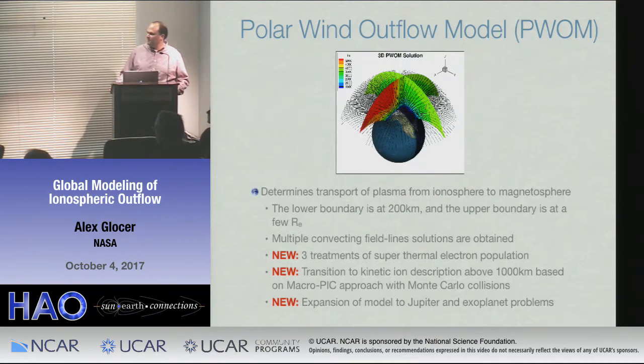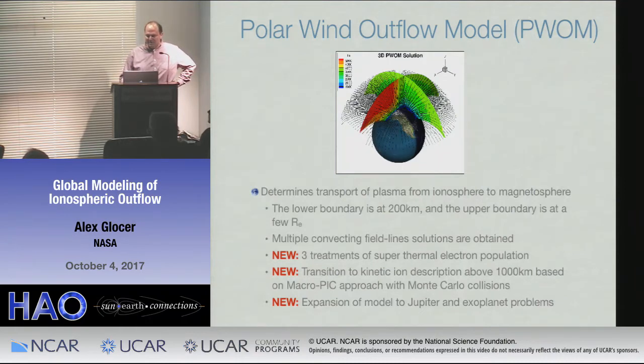It's basically a hybrid PIC type of solution with Monte Carlo collisions. And I've expanded the model to work for other planetary environments: Jupiter, exoplanets, and Saturn. I'm not going to talk about this last point. I'm going to spend most of the time talking about the first two features. In particular, I want to talk about the second one, because this was, I think, the most work.